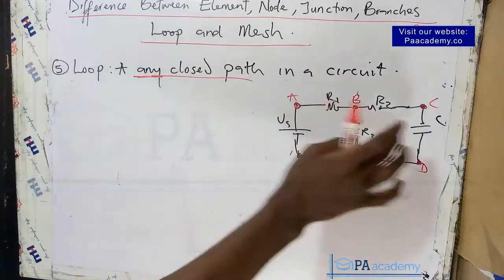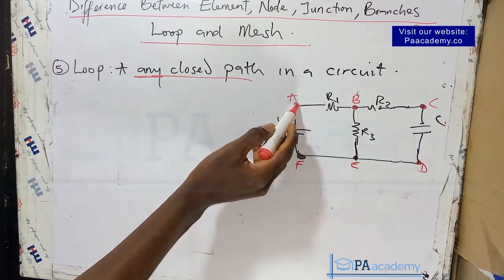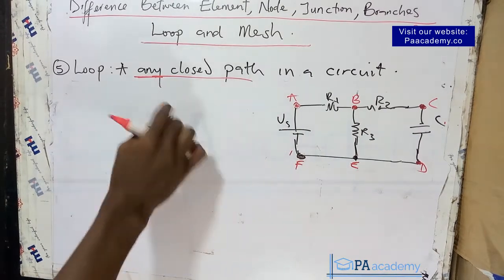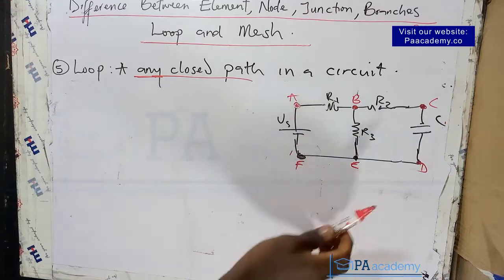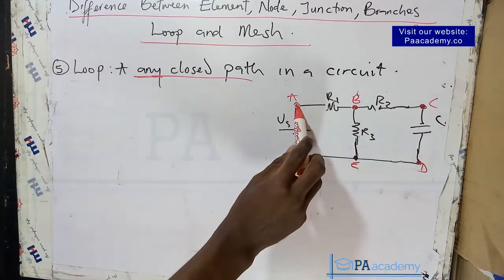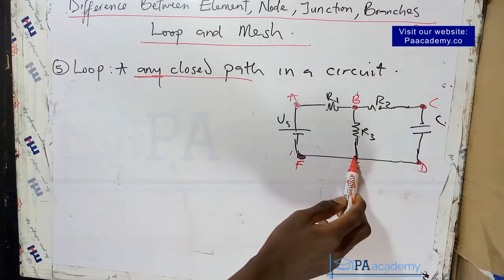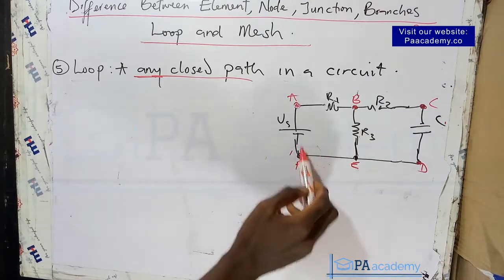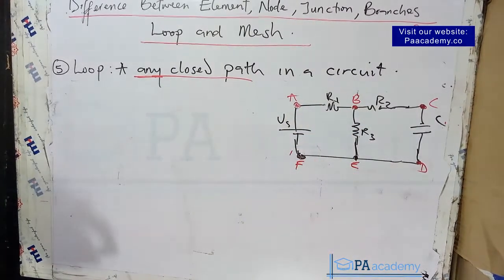Now if you look at this circuit, if you start from this point A, which is a node, it says it's any closed path in a circuit. If I start from point A and decide to move clockwise, from A to B, from B to E, from E to F, back to A, that makes A, B, E, F a loop. I hope that is clear.